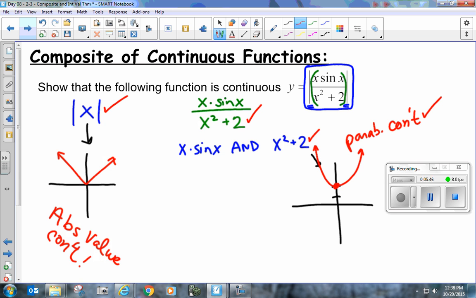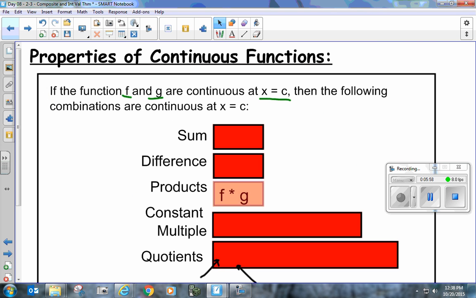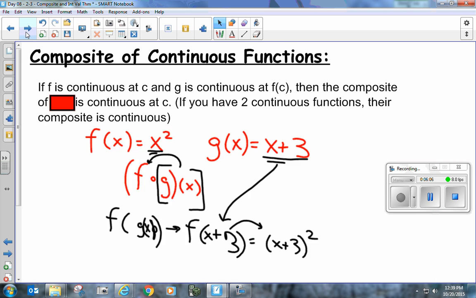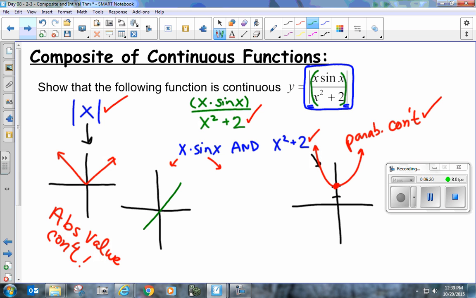I just need to make sure that my numerator is continuous. And guess what I have here? A product. Based on my rules, if both things I'm multiplying are continuous, then the product they create is also continuous. So, is x continuous? And is sine of x continuous? X is just a straight line. Lines are continuous.